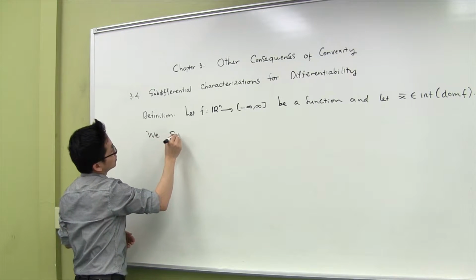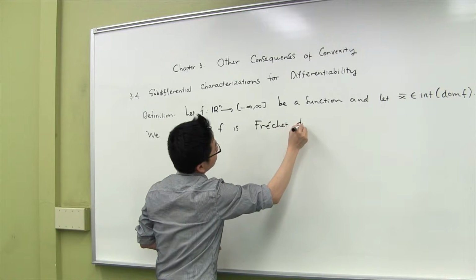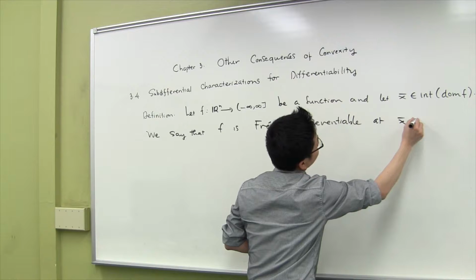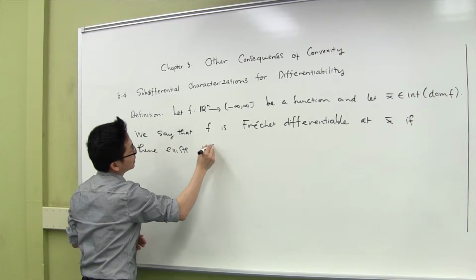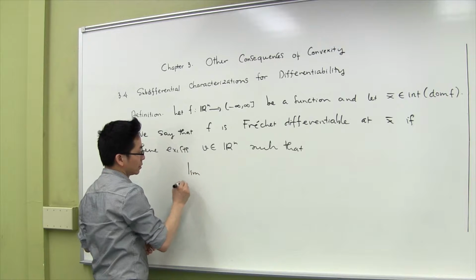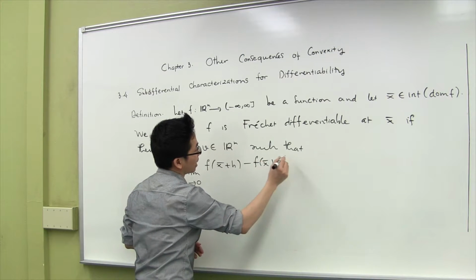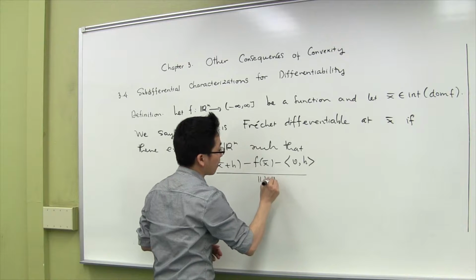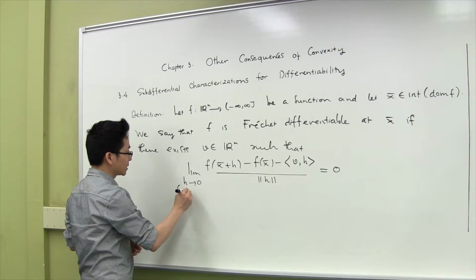We say that f is Fréchet differentiable at x bar if there exists an element v in Rn such that the limit as h approaches 0 of f of x bar plus h minus f of x bar minus the inner product of v and h over the Euclidean norm of h is equal to 0. Okay, over here note that h is in Rn.